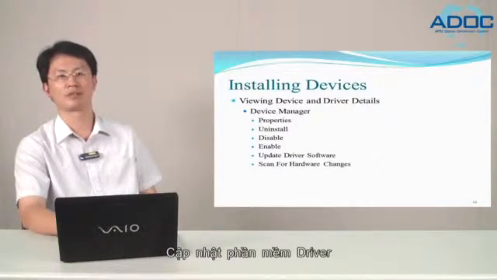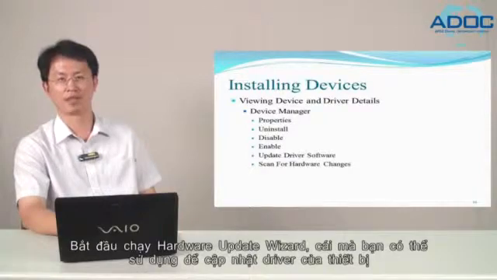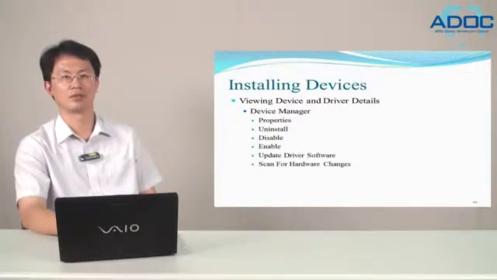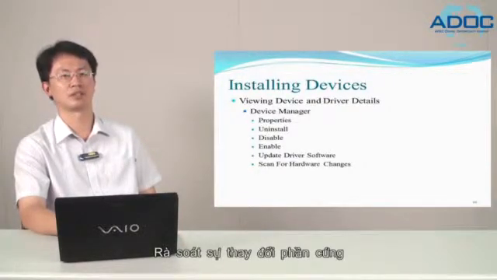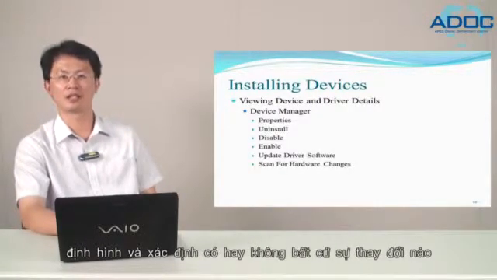And Update Driver Software: starts a hardware update wizard, which you can use to update the device driver. Scan for hardware changes: tells Windows Server 2008 to check the hardware configuration and determine whether there are any changes.